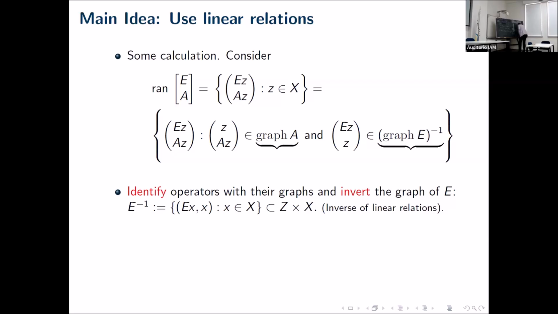Such that X goes to Y is in T, and then YZ is in S, right? And then we take these two and form our new linear relation.